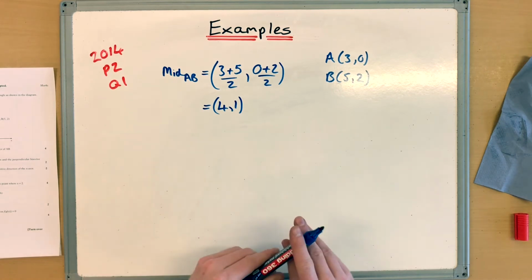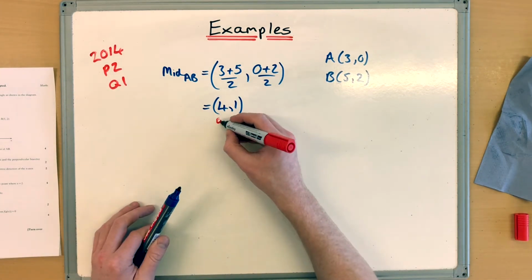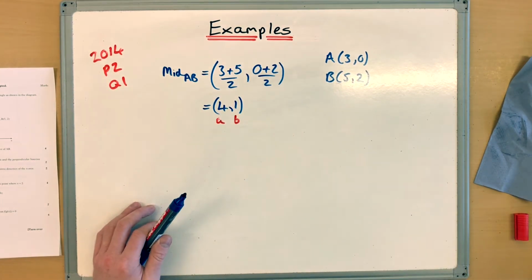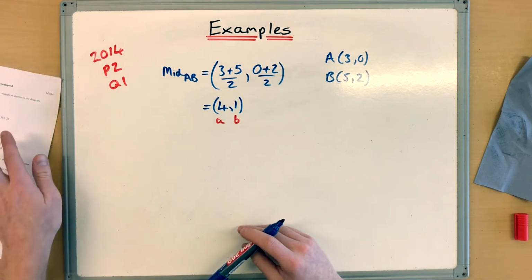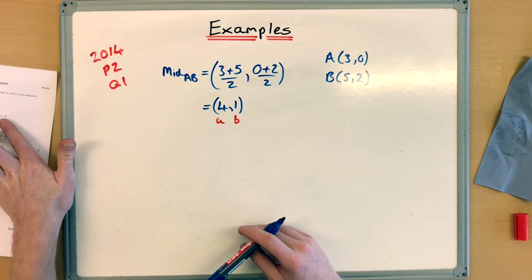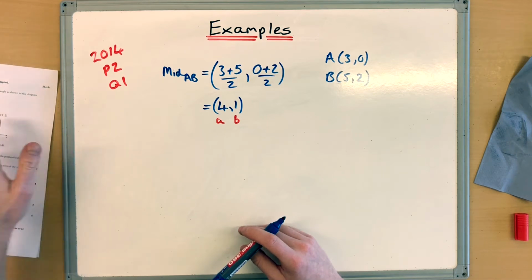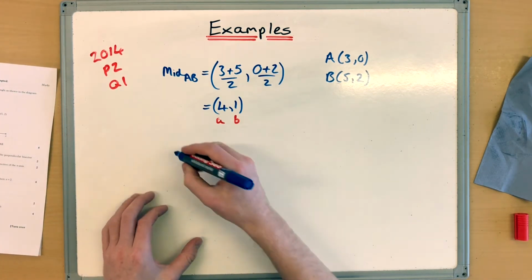Okay, next, well that's my A and B values, so I'm going to make a wee note of those. Now I need to find the gradient of this line. So it's perpendicular to AB, so I'm going to find the gradient of AB, and then I'm going to write down the perpendicular to that.